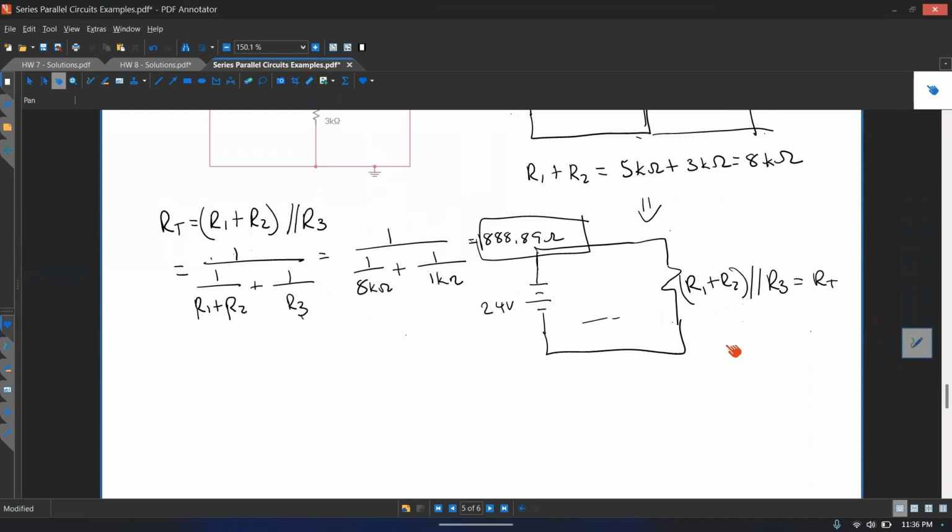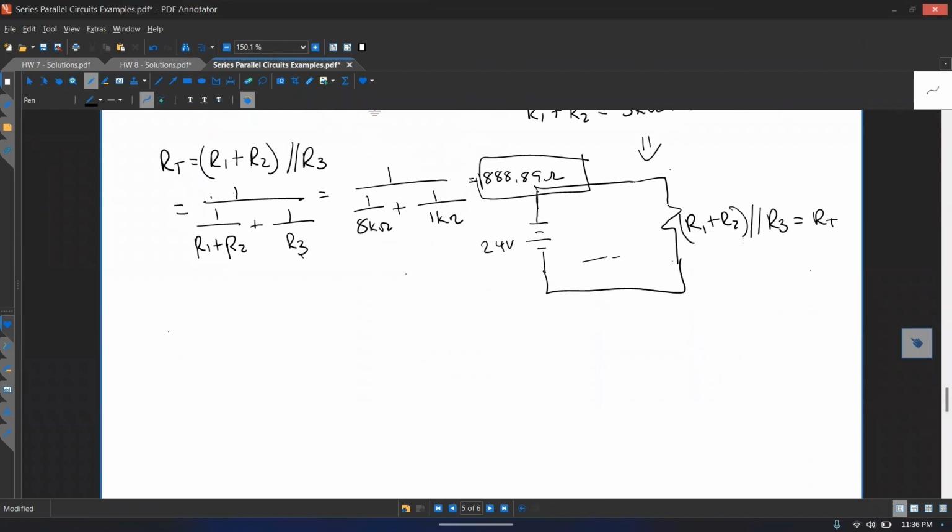So let's do that. We'll call this I1, which equals I2, which equals V divided by R1 plus R2.